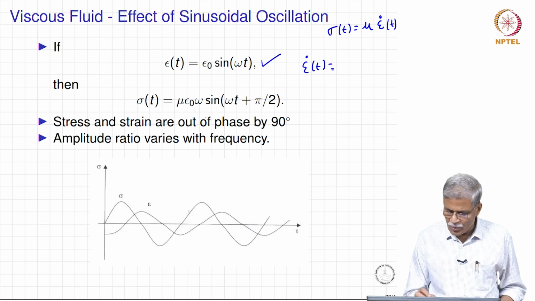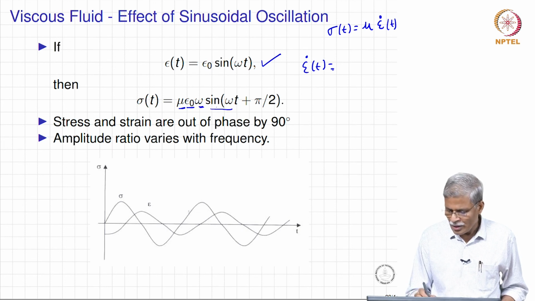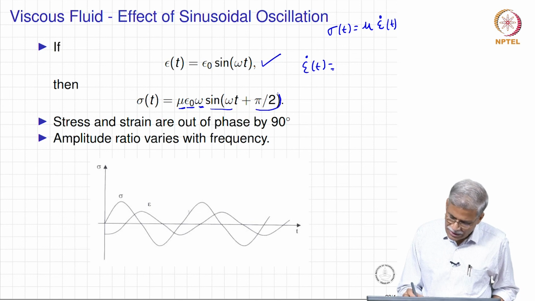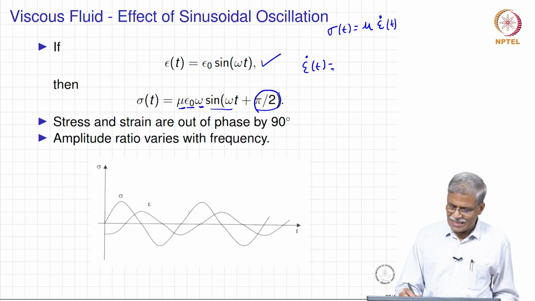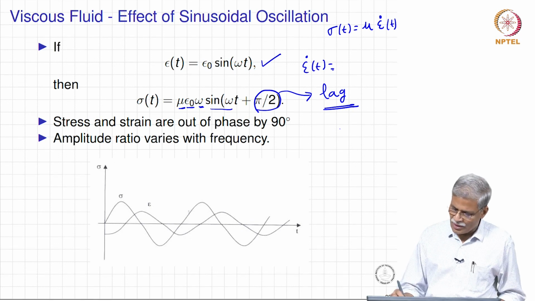You take the derivative of it, and when you substitute it here, you are going to have mu here, epsilon naught here, omega sin omega t, cos omega t you are going to get, and then you rewrite the cos omega t in terms of sin of omega t plus pi by 2. There is a reason to rewrite it in this particular way, because it essentially tells you that there seems to be a lag between the stress and strain response, and this lag for a linearly viscous fluid is 90 degrees.